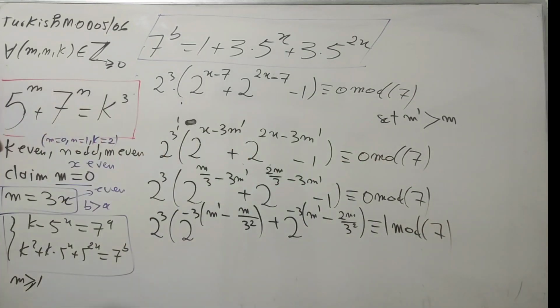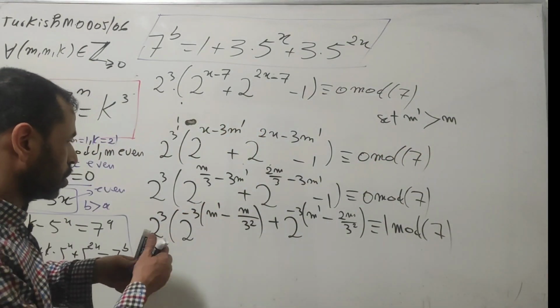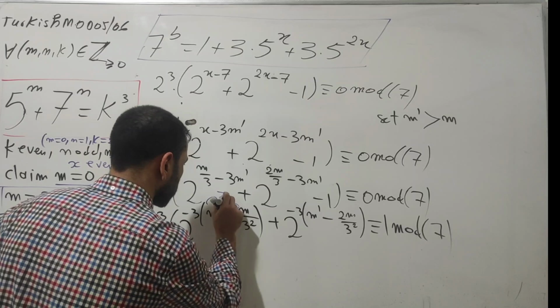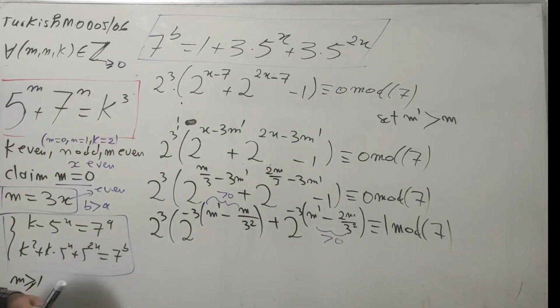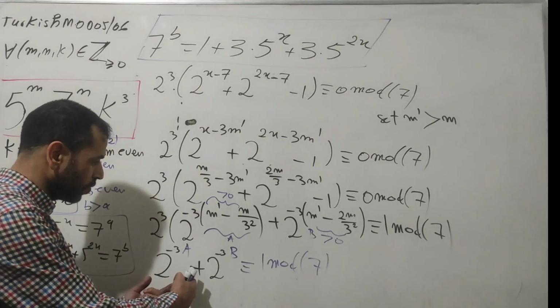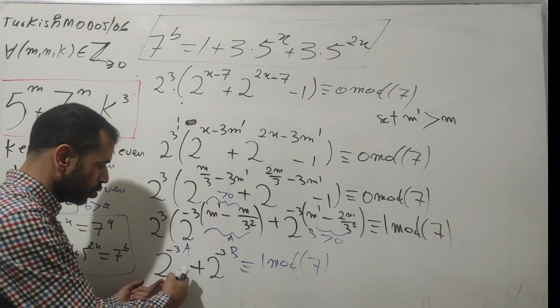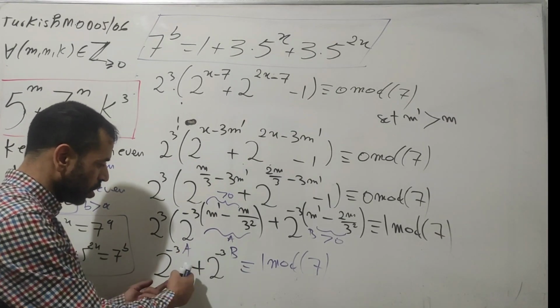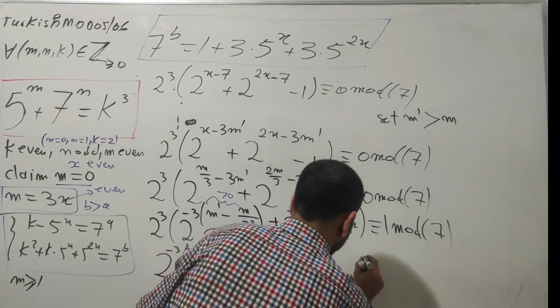Based on this information, m prime is always bigger than this one. In other words, this is always positive and this is always positive, which means the exponent becomes negative. So this never gives us number 1 as a remainder, since the exponent is negative. Even if you sum them, you are not going to get 1, which means it's a contradiction.